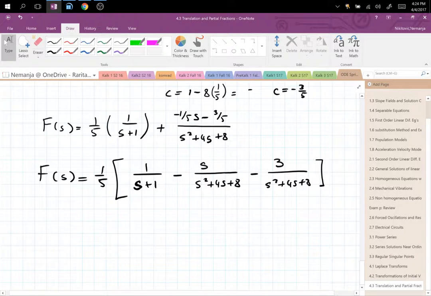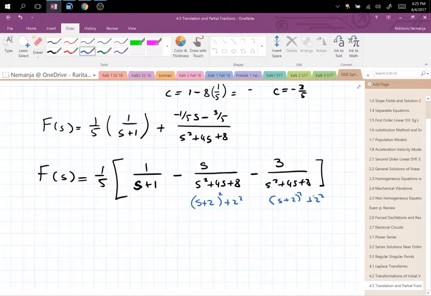Now we are going to replace each one of the denominators with s plus 2 squared plus 2 squared. Those denominators are particularly good to be in that form because they give us e to the at times cosine and times sine.